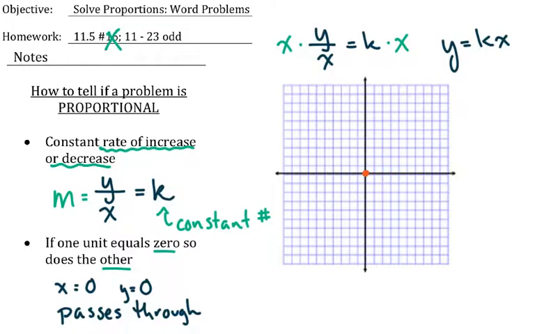So you could have a lot of different examples. This would be a positive proportional relationship. Here we could have a negative proportional relationship.